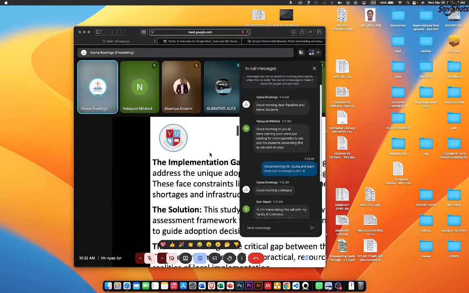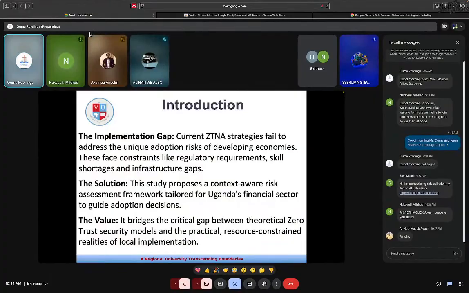So those need to be looked at if we are to implement zero trust network access well, without introducing new risks and wasting resources on adopting technologies poorly. So the solution that this study proposes is a context-aware risk assessment framework tailored for Uganda's financial sector.